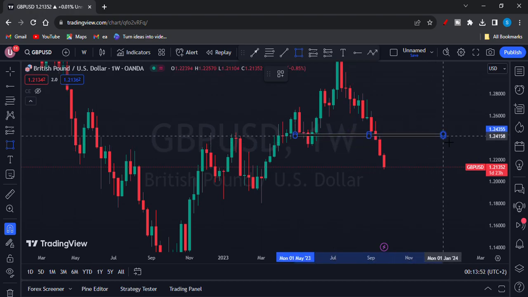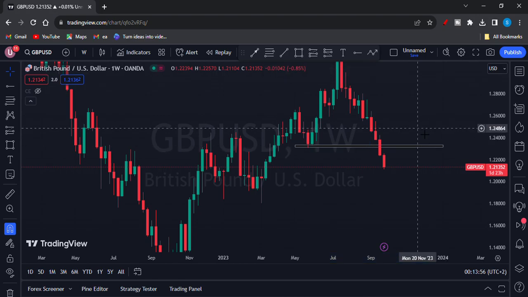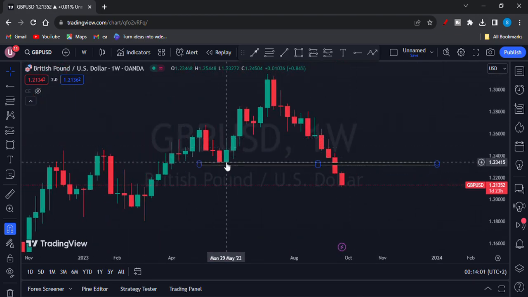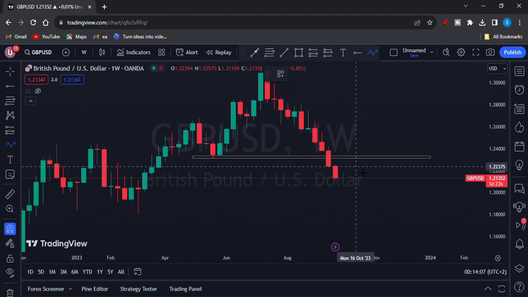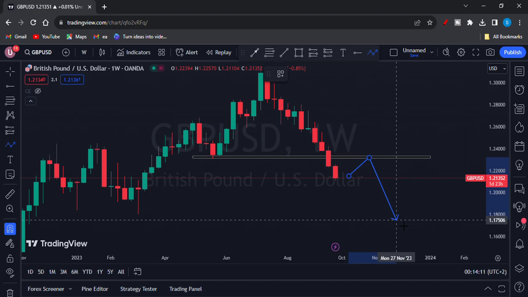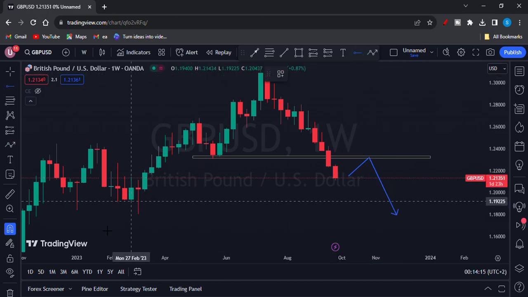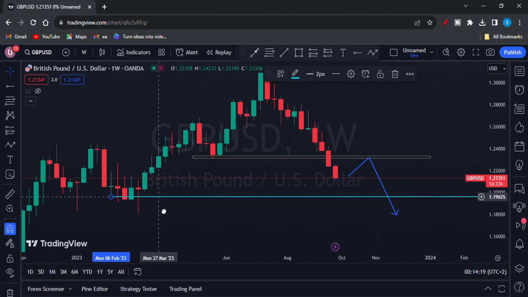We have this support area right there, right here, and then finally broke this support area. So there is a possibility that the market can come, retest this area, and then push to the downside. Maybe even potential up to there.